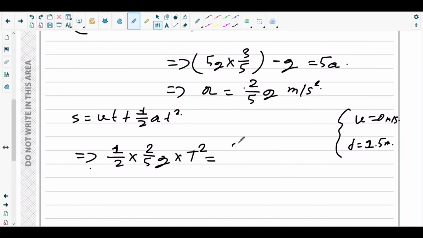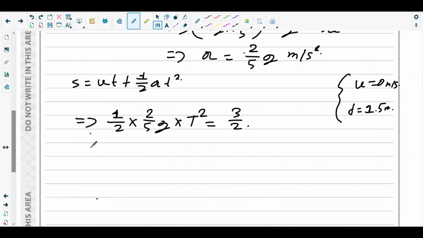This equals what? 1.5 is 3 over 2. So make t the subject. T squared would be 3 over 2, the 2s cancel, so 1 over 5 times t squared, which gives 15 over 2g. So the value for t would be the square root of 15 over 2 times 9.8, the whole square root.